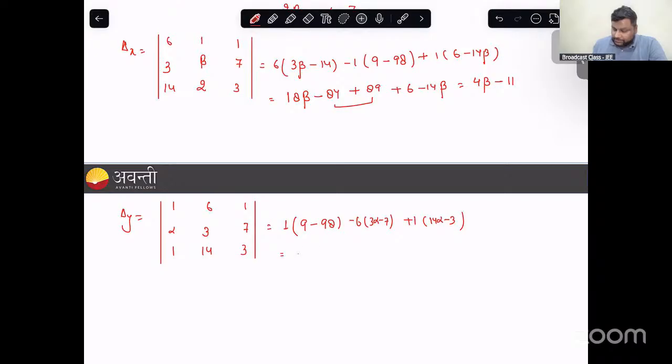Correct. So it is minus 89 minus 18 alpha plus 42 plus 14 alpha minus 3. So it is minus 4 alpha, minus 89, minus 92 plus 42 plus 50. Even minus 50.